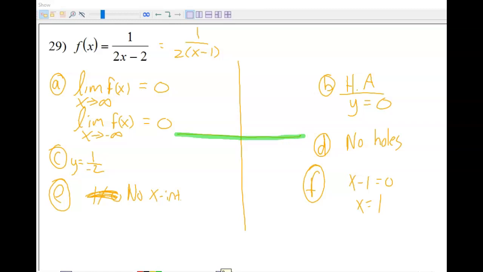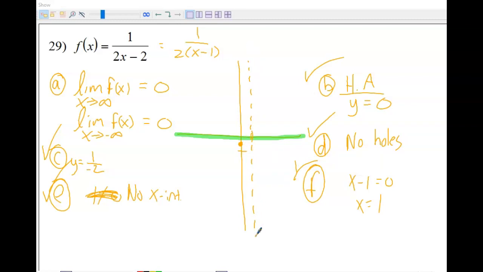That takes care of this. C, we have a y-intercept at -1/2, so if this is 1, -1/2 would be right about there. D, there's no holes. E, there's no x-intercepts. And F, we have a vertical asymptote at x equals 1.